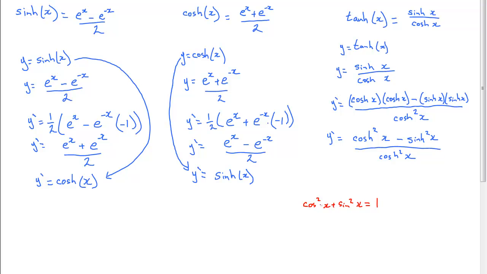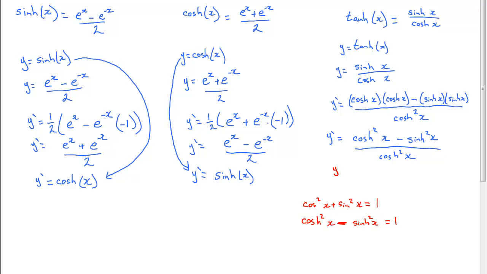Well, hyperbolic functions have a very similar property, and it's one we're going to use here, and it says that the hyperbolic cosine of x squared minus the hyperbolic sine squared of x is equal to 1. So notice the difference, again stemming from circle versus hyperbola. That's a good way to remember it. So here's the property for hyperbolic functions.